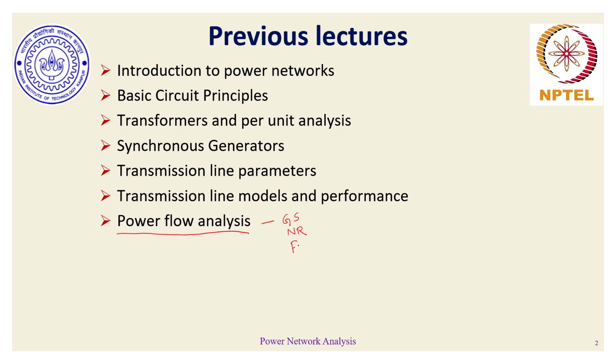Then we had the fast decoupled method. Then we also had the DC model. And finally, we also talked about the backward forward technique for distribution networks, which is a very specific technique for ease in solving power flow equations for distribution networks. The first four methods are primarily used for the high voltage transmission network.